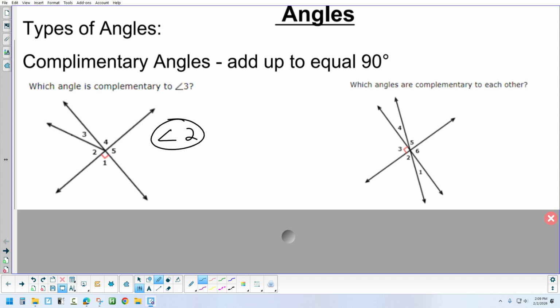Next one. It says, which angles are complementary to each other? Anybody see 2 angles in this picture that if you put them together, they would make 90? I think there's lots of them. Yep, the 4 and the 5. Can somebody give me a different pair besides the 4 and the 5? 2 and 1. Yep, 2 and 1.